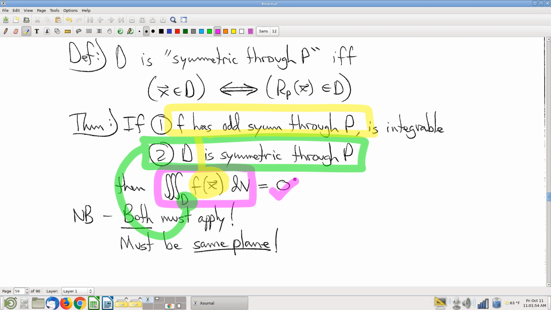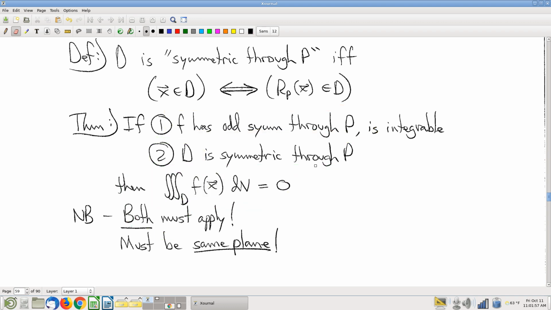Okay. I emphasize 2 things. They have to both apply. You'd be surprised how often I see a student say, "Hey, my domain is symmetric, therefore the integral equals 0." That's the student stepping on a landmine. You see that symmetric domain, and you see daylight. You're like, "Oh my God, this is awesome!